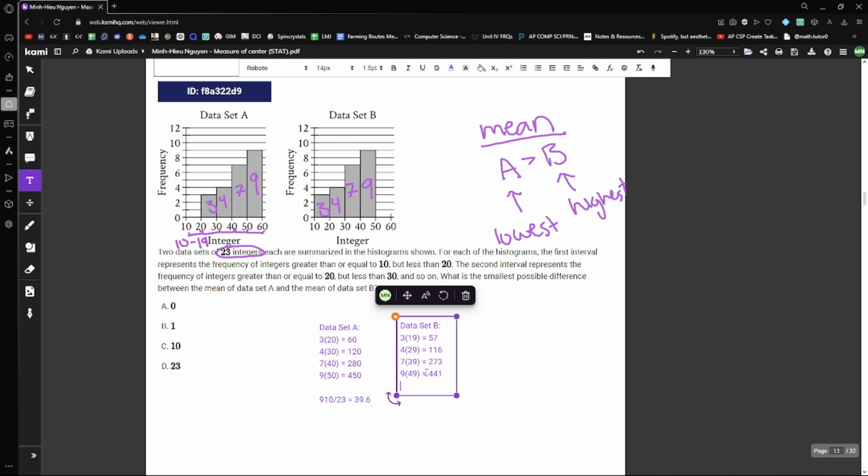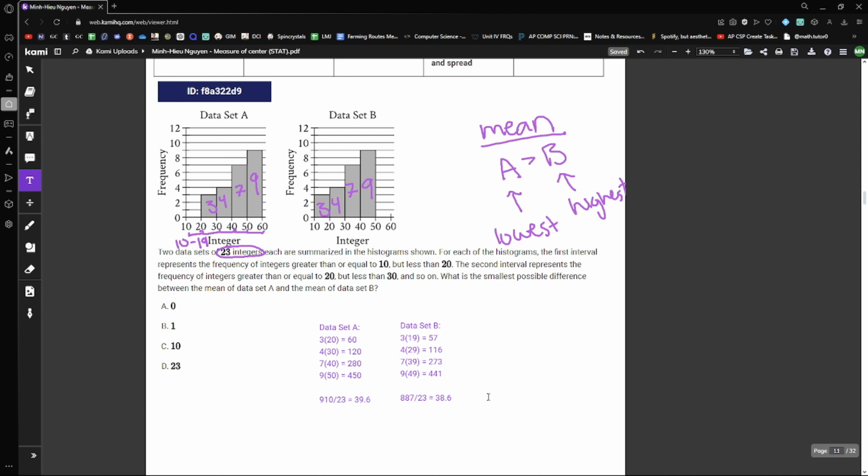Now let's add that all up. It is 887, and we're gonna divide that by 23. And we get that the mean of dataset B is 38.6. So the difference between 39.6 and 38.6 is 1. So our answer would be B.